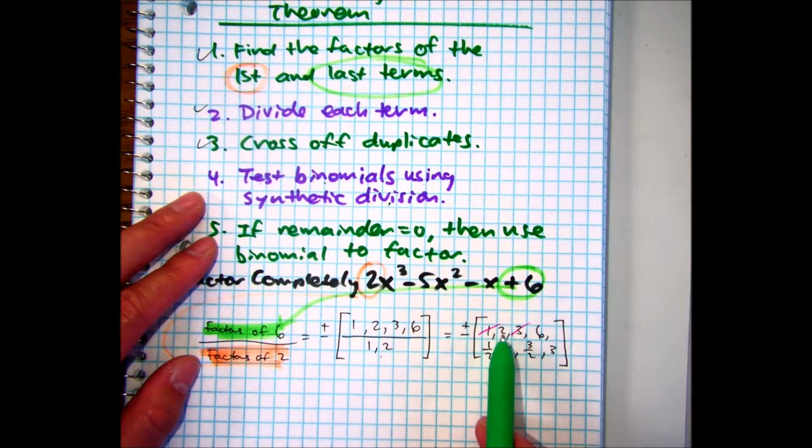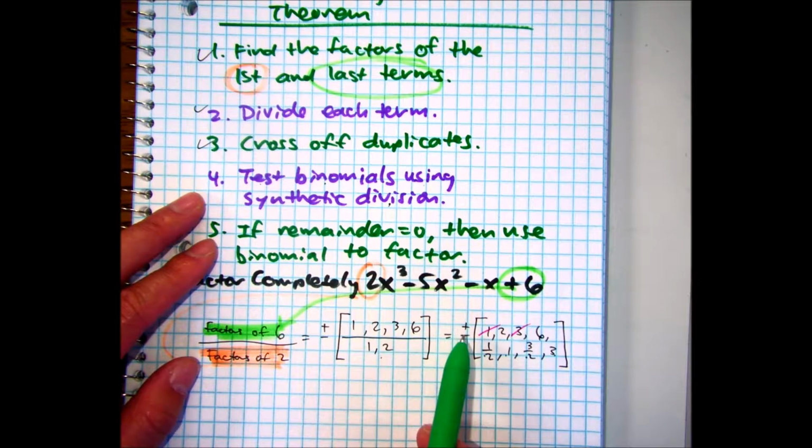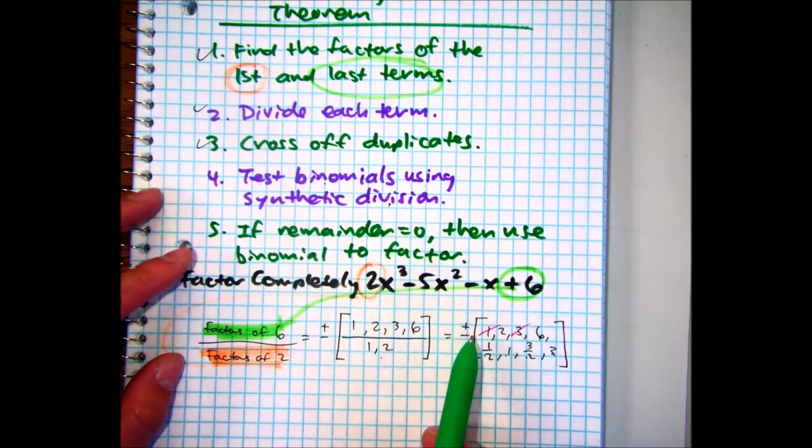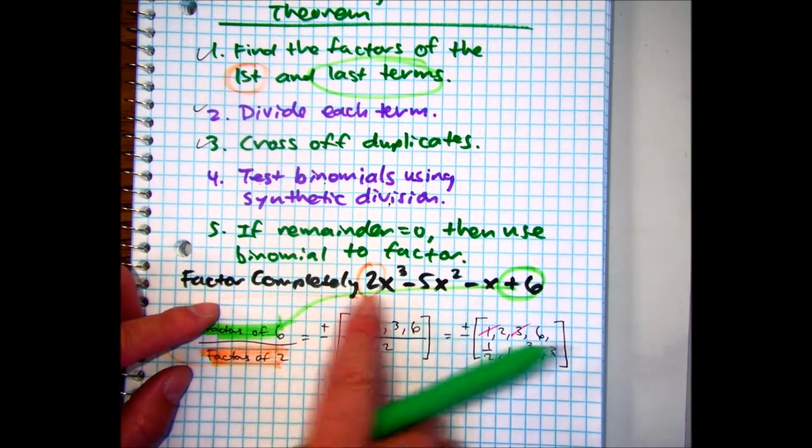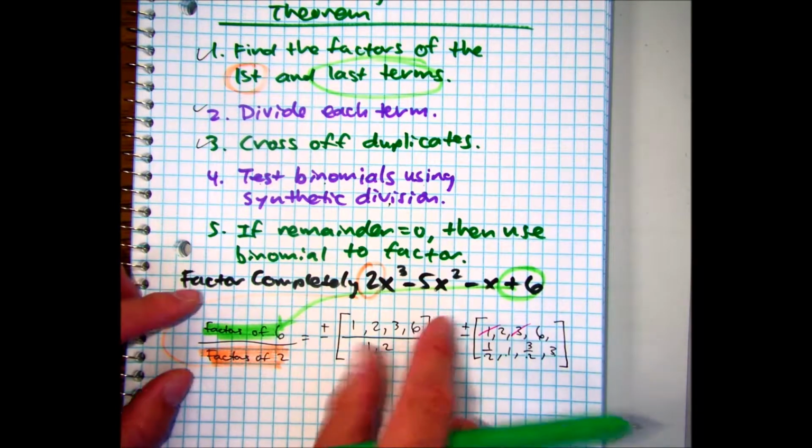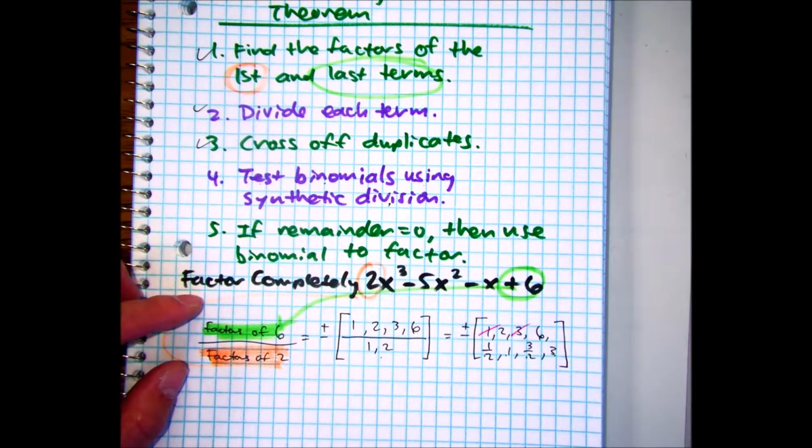Count with me. Ready, set, go. And what's 6 times 2? It is possible that there are 12 binomials that can actually factor to reduce that. That means I have to test it 12 times.